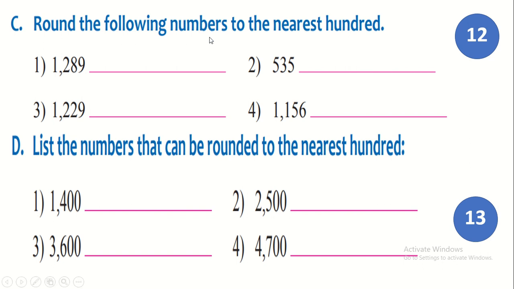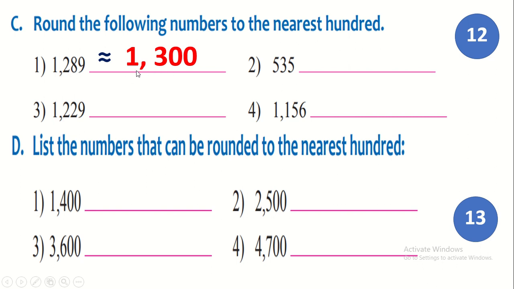Round the following numbers to the nearest 100. For number 1, we have 1289. Look here: 8 is in the tens place. You round off the number in the hundreds place, so 2 becomes 3.